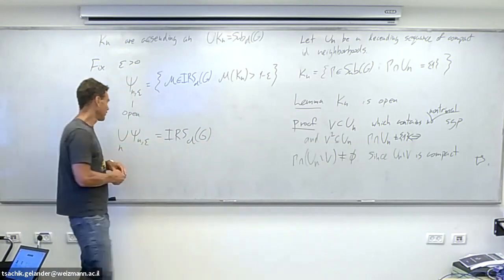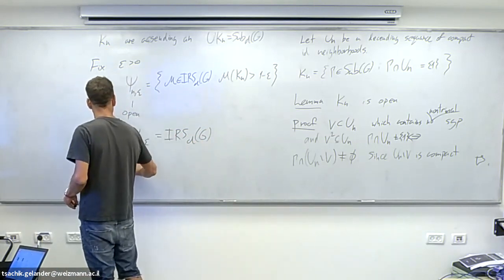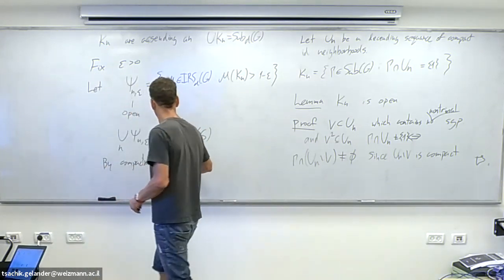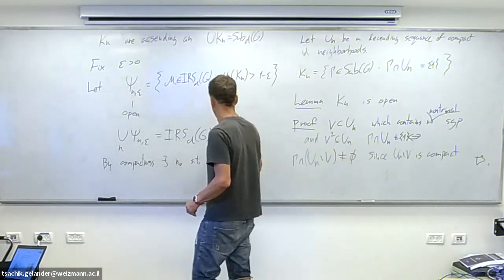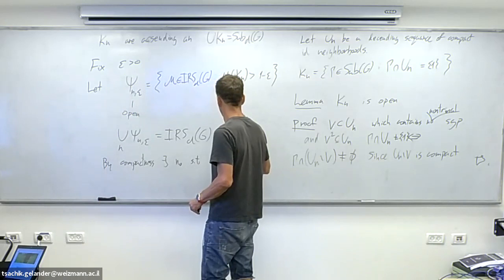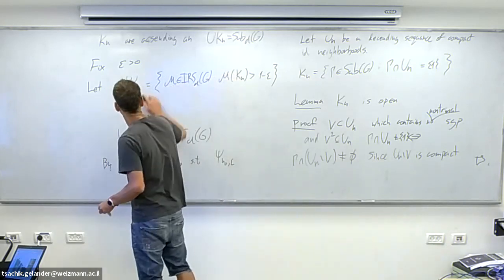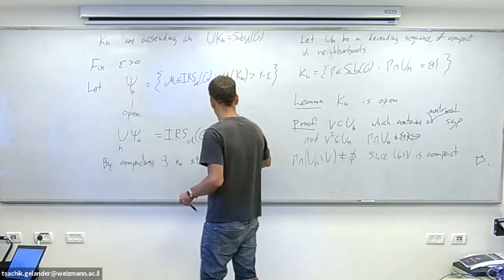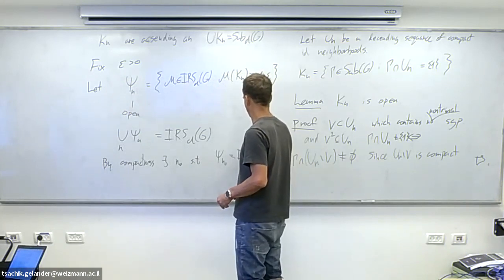But this is compact. By compactness, there is n0 such that psi n0 epsilon equals IRS. Why do I carry this epsilon? I fixed epsilon.